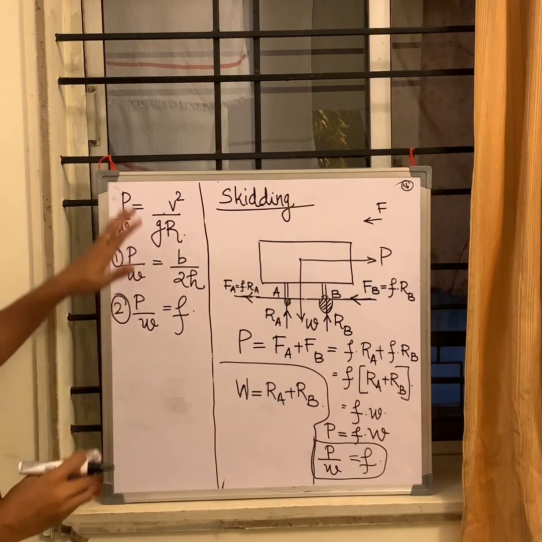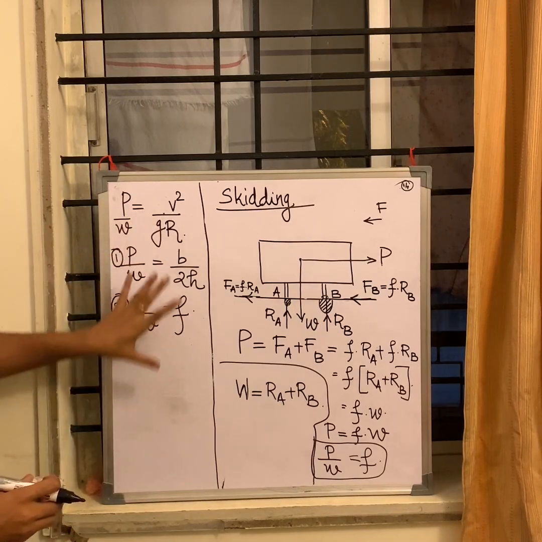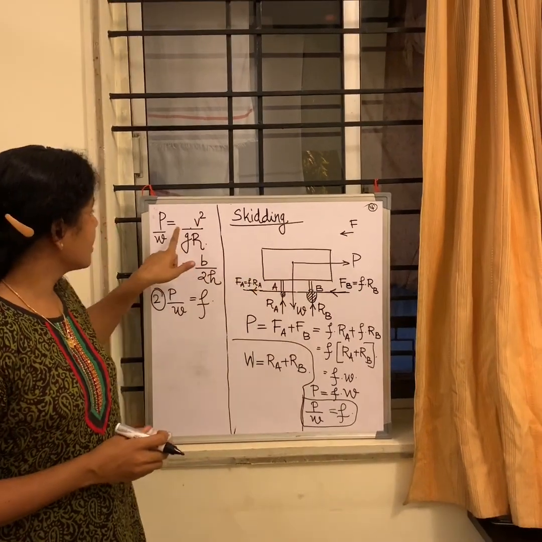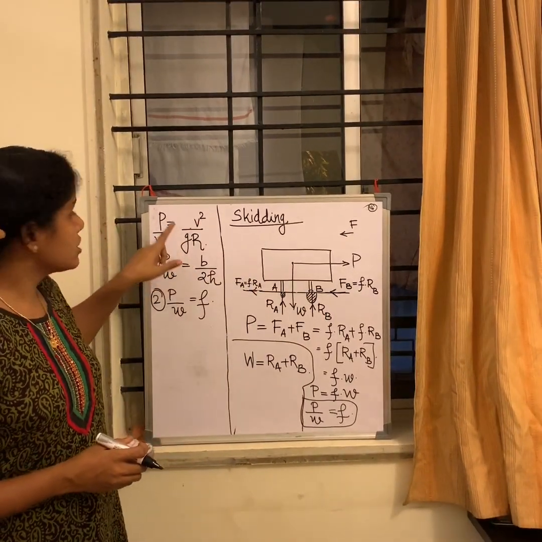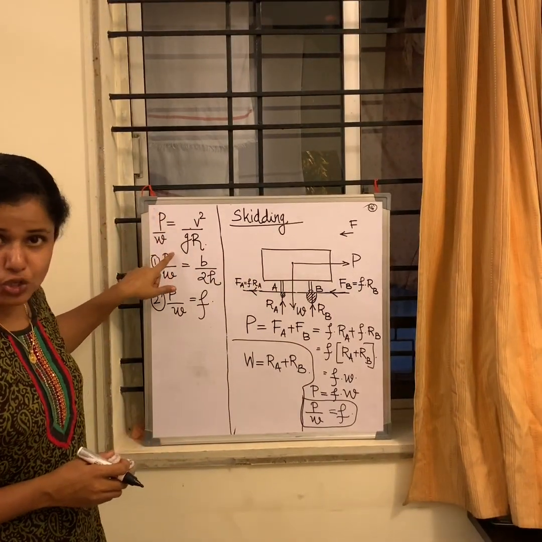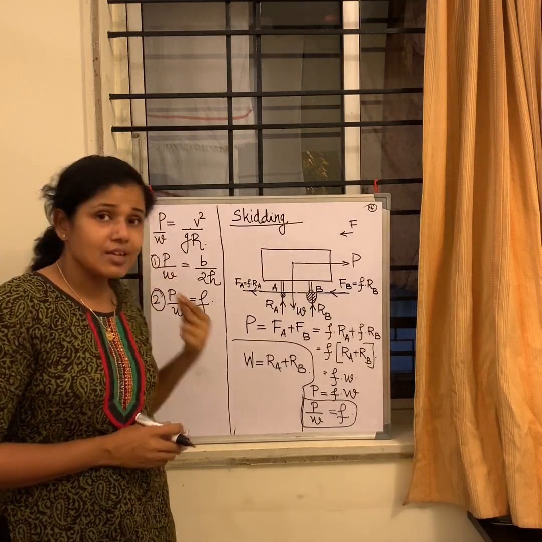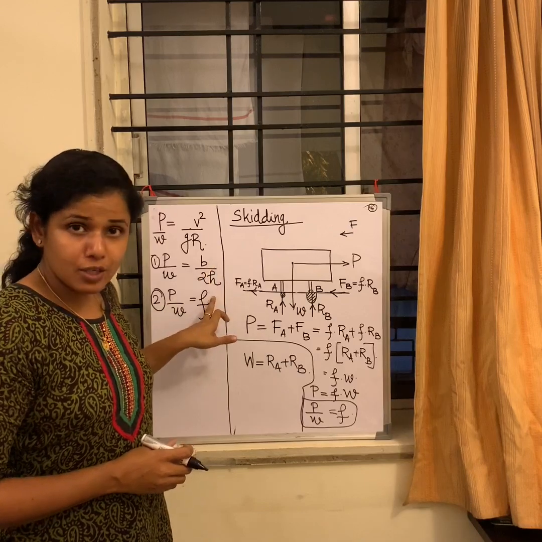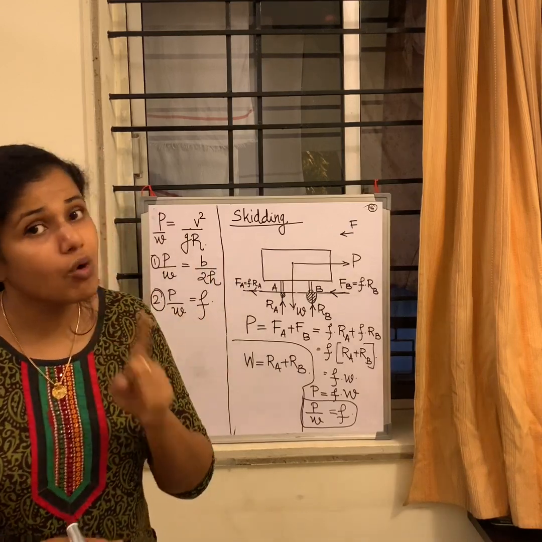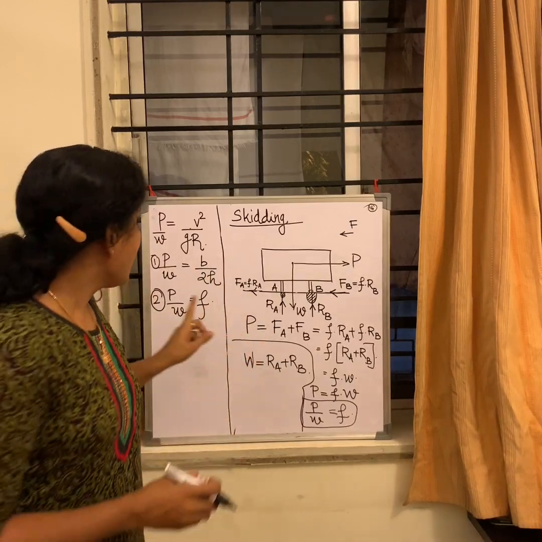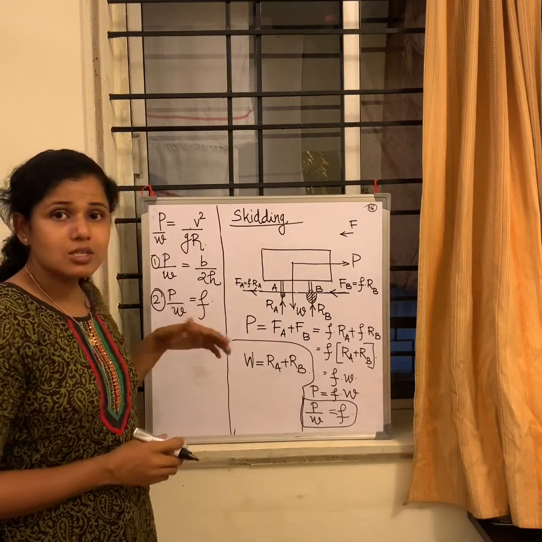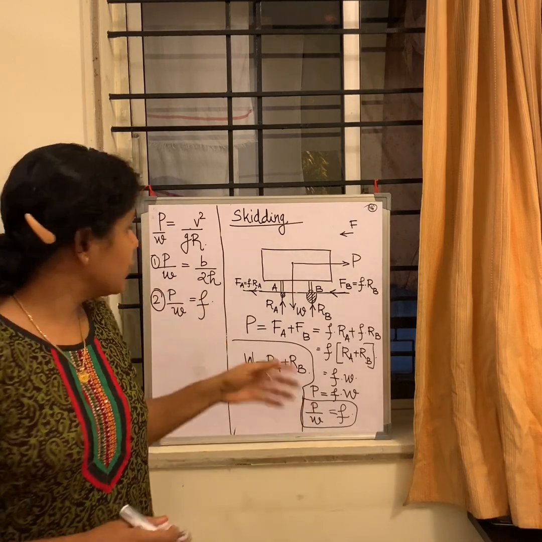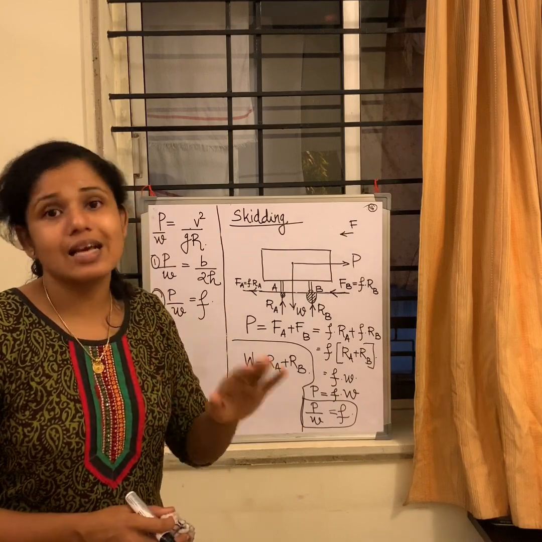So to summarize, in circular motion you are getting a centrifugal force. We take the centrifugal ratio as our parameter, and if it is approaching a value of B by 2H, then you can say overturning takes over. And if P by W is approaching F and going above that, then I have skidding as a major problem.